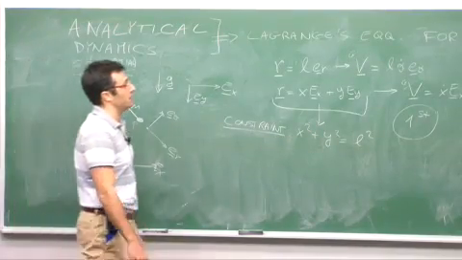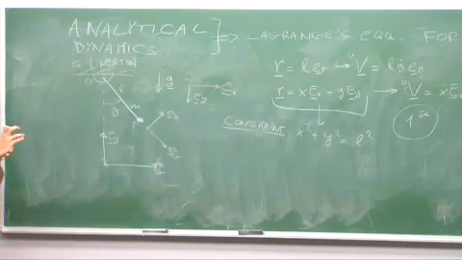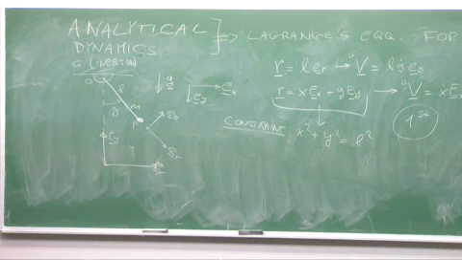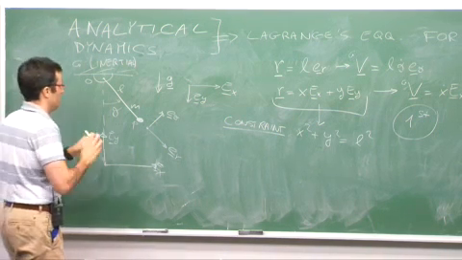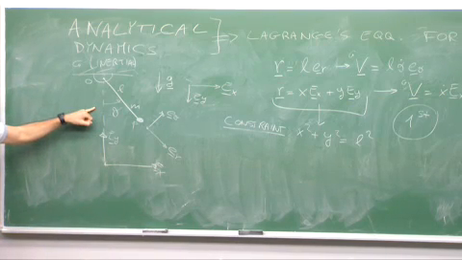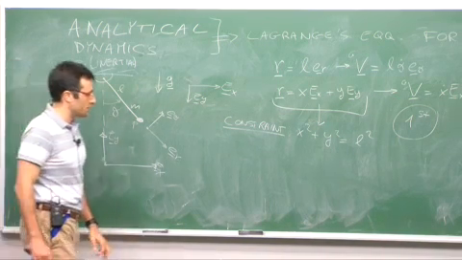Because if I take L dot, that's 0, right? Okay. So these variables we pick are consistent with the constraints. That's what we've done so far. We picked variables that make sense when you consider the constraints. Okay, that's the first observation.